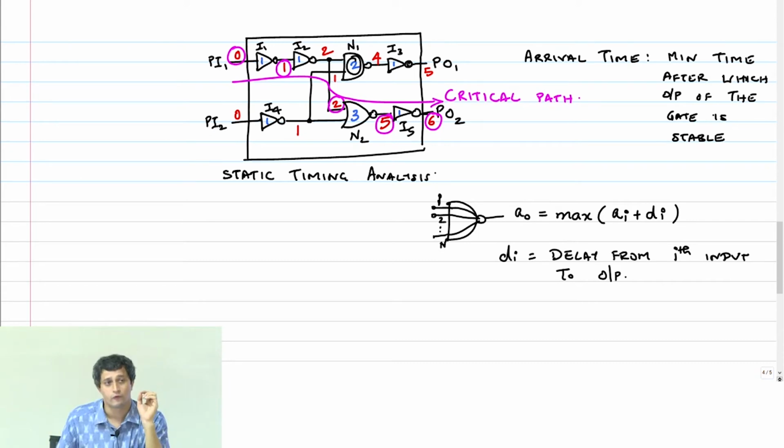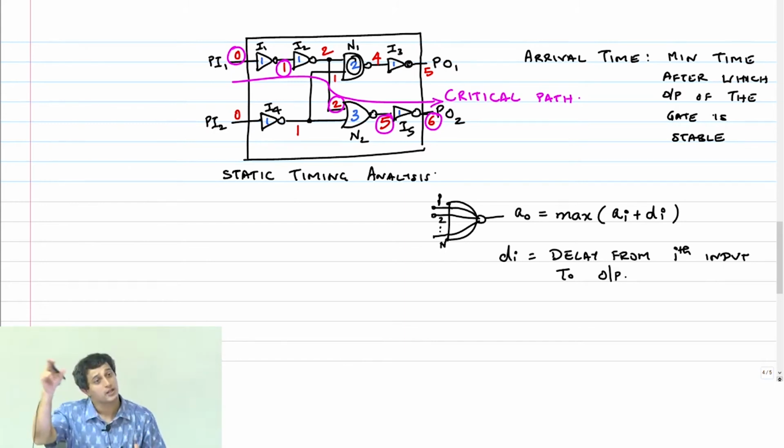So here, for example, it might be possible that a particular path that we have marked here may not even be realizable in hardware. In the sense, that path may never get activated because of certain input combinations. But still we are considering the worst case delay there.